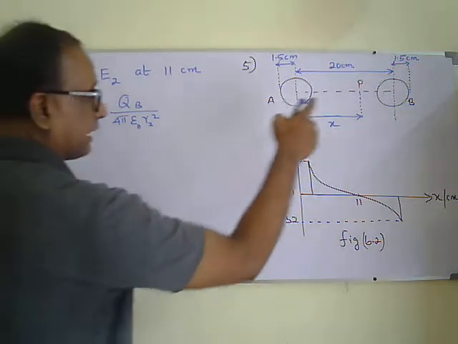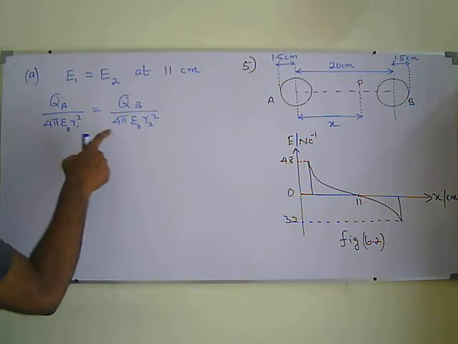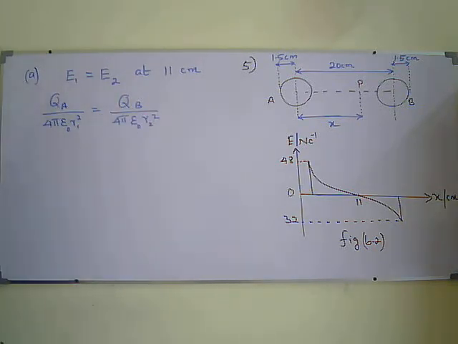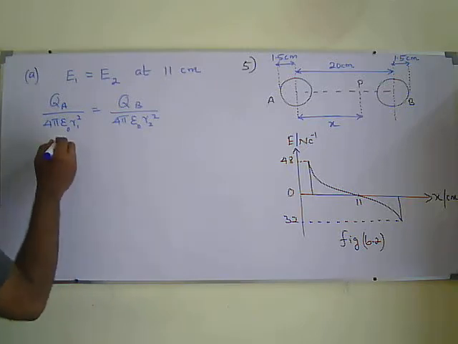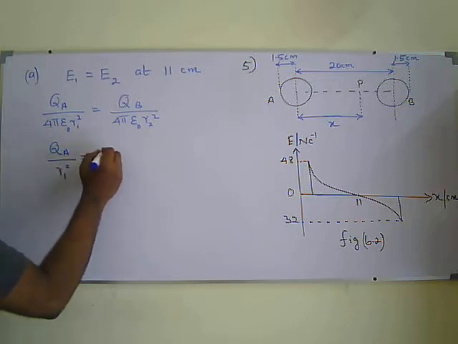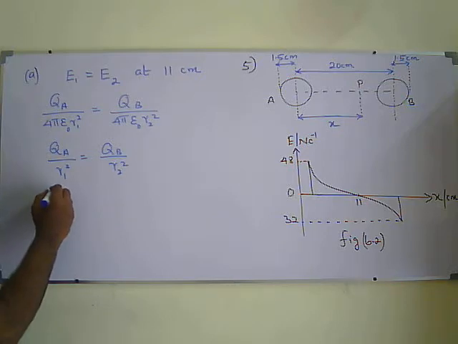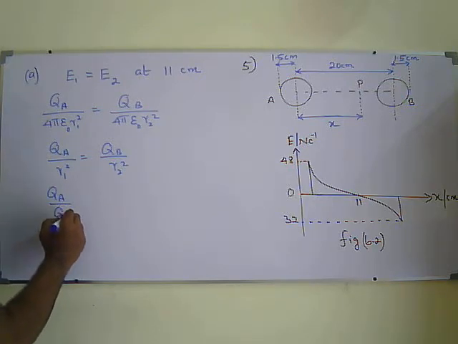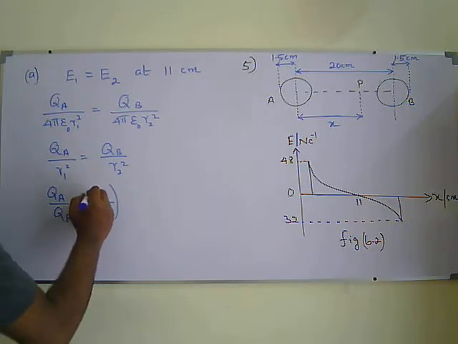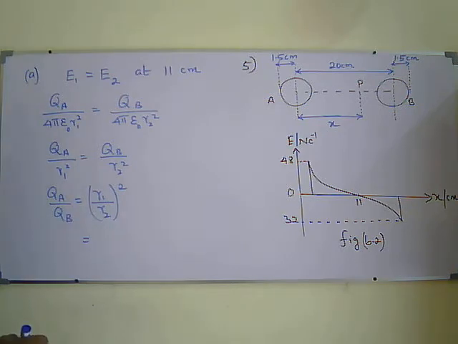R2 is the distance of that point from the center of B. So 4 pi epsilon naught gets cancelled. Or you can use kQ over R squared, anything you can use. So now I get QA over R1 squared is equal to QB over R2 squared. So QA over QB, which is the question, is R1 over R2, all squared.